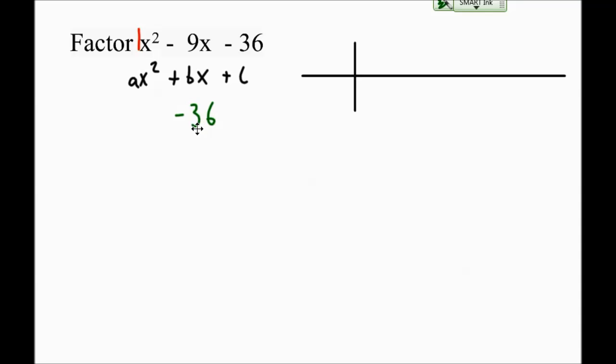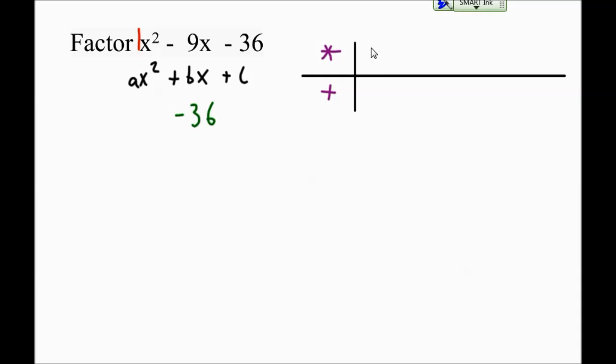And this is going to be important. You could be wondering, why is this little table over here? Here's why. I'm going to make a table. And what I'm going to look for are what are some factors that multiply to be negative 36, yet add to be negative 9. See, b is important here. So let's see. Let's think. How about, let's pick one that we know won't work.